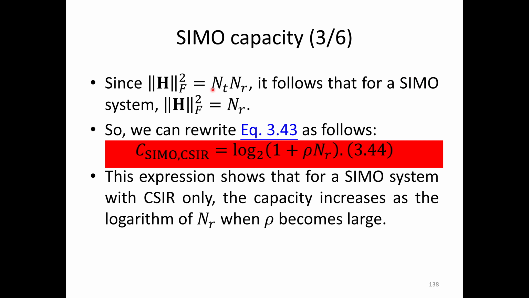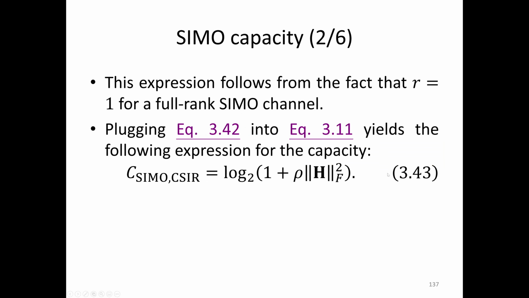So NT is equal to 1, so we can cancel the term NT, and the remaining term is NR. So we can rewrite equation 3.43. Let us go to equation 3.43. It is this equation.